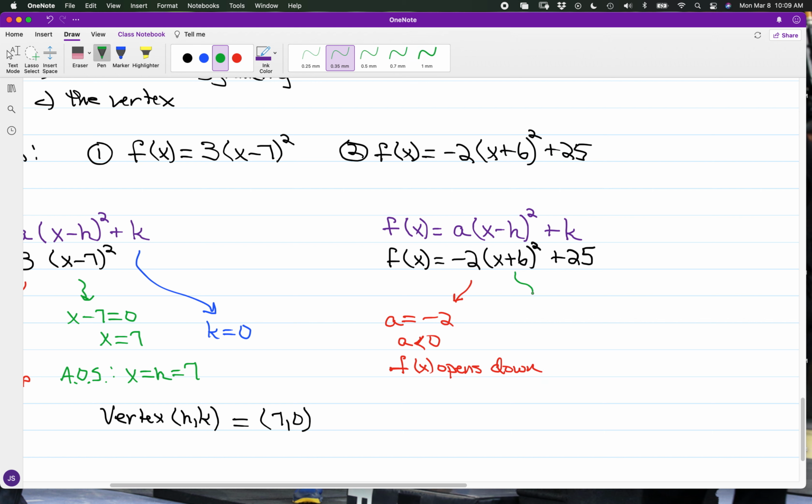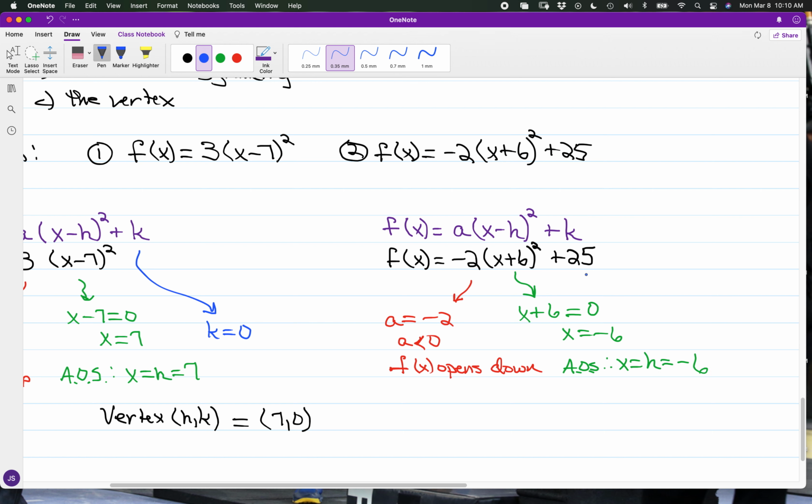As for the h value, we have that to be the 0 of what represents x minus h, which happens to be the addition statement x plus 6, which we set to 0, and so x is equal to -6. So for the axis of symmetry, we have x is equal to h is equal to -6.